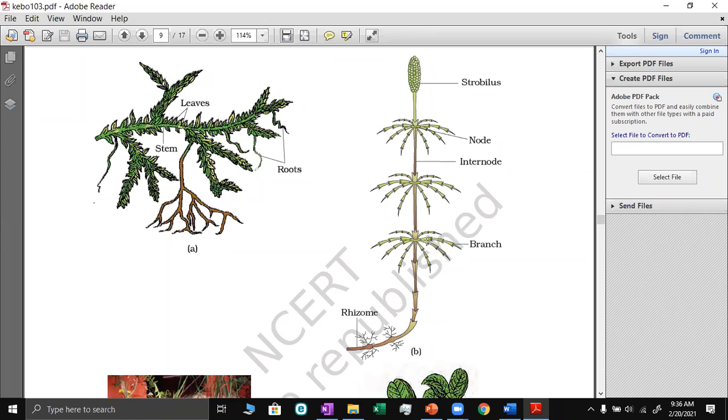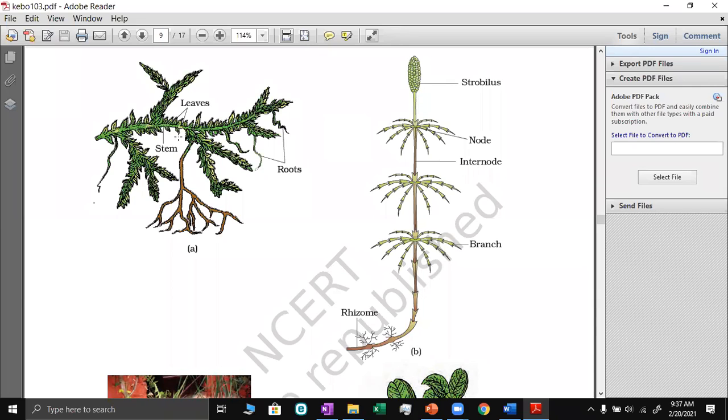Due to these branches of limited growth, it looks like the tail of a horse. So it is given the name horsetail. And this one is a strobilus, or the cone, that is the reproductive structure which produces the spores.